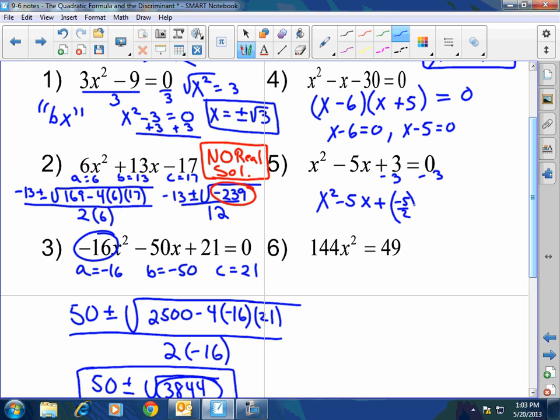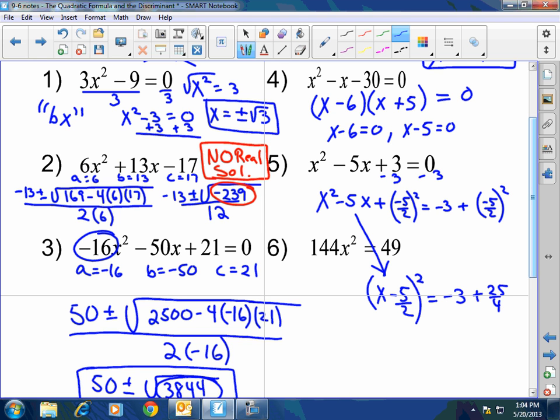So negative 5 over 2 squared equals negative 3 plus negative 5 over 2 squared. I'm going to drop this down this way, guys. X squared minus 5x plus negative 5 halves squared. That factors out to be x minus 5 halves squared equals negative 3 plus 25 fourths.